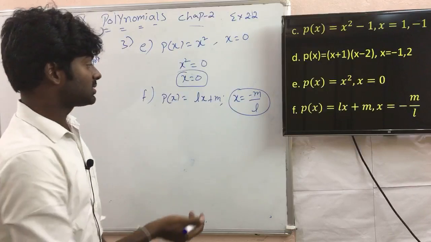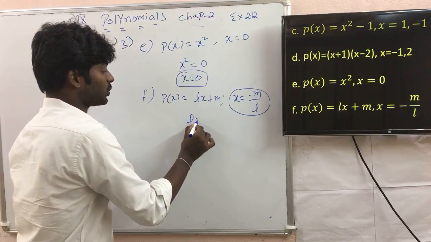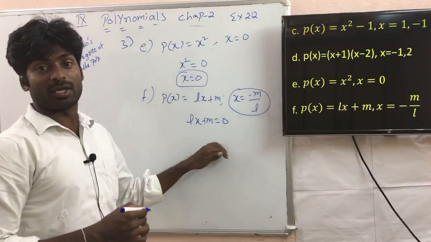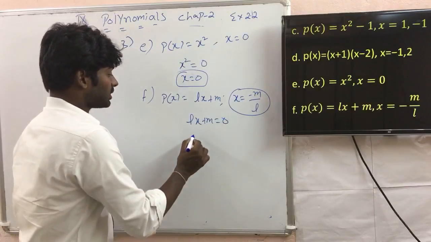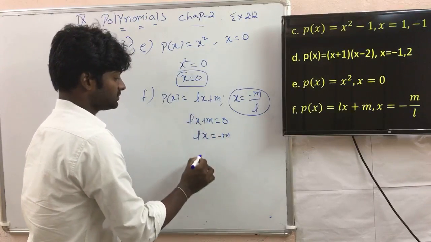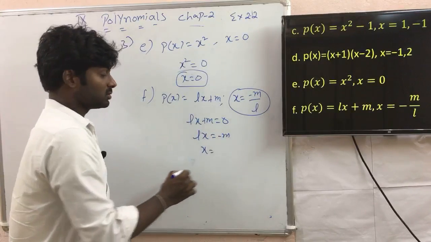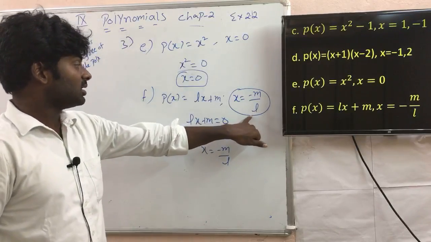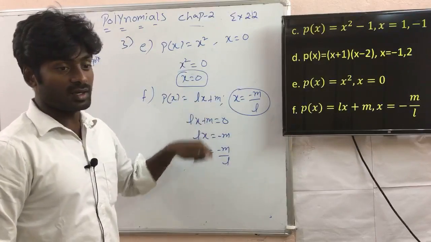Yes, it is. Check once. Equate the given polynomial to 0. Lx plus m equals to 0. That means transpose m to right side, you will get minus m, and x equals to minus m by l. He has also given the same one. So this is the 0 of the given polynomial.